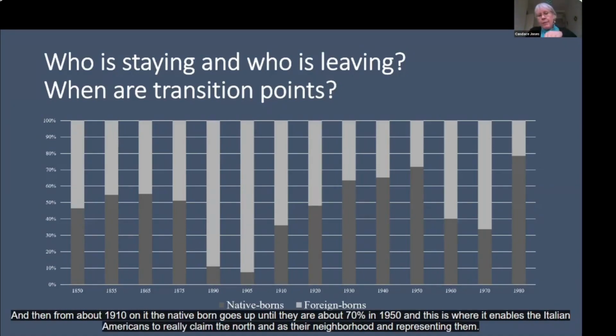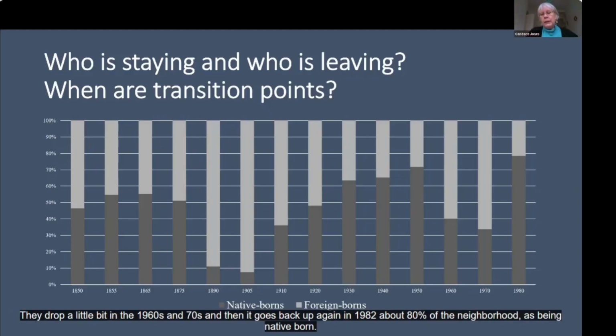And then from about 1910 on, the native born goes up until they are about 70% in 1950. And this is where it enables the Italian Americans to really claim the North End as their neighborhood and representing them. They drop a little bit in the 1960s and 70s, and then it goes back up again in 1980 to about 80% of the neighborhood as being native born.